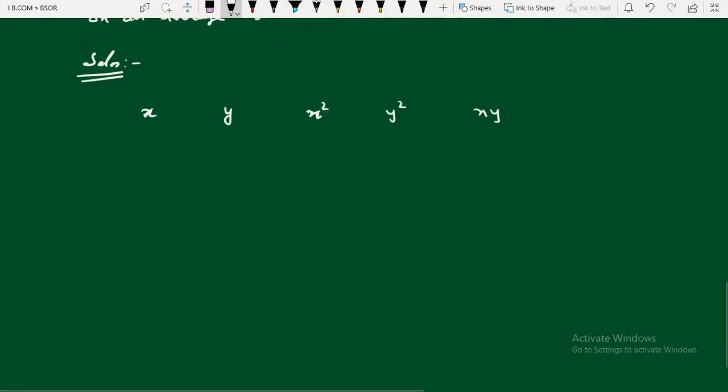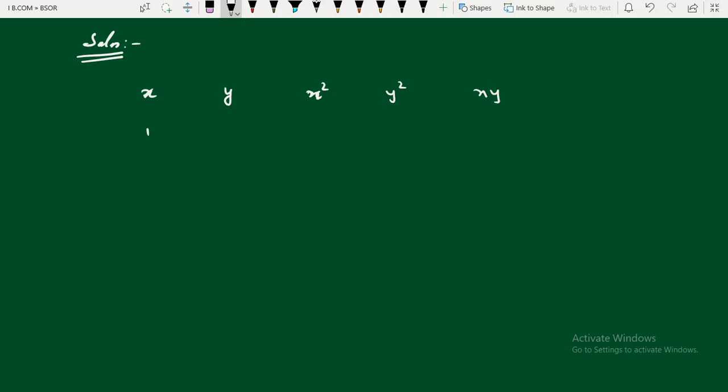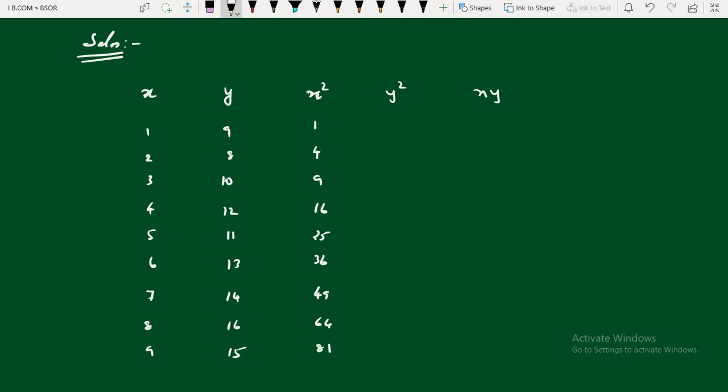What are the x values given here? 1 to 9: 1, 2, 3, 4, 5, 6, 7, 8, 9. Y values: 9, 8, 10, 12, 11, 13, 14, 16, 15. Now square these x values. X square: 1 square is 1, 2 square 4, 3 square 9, 4 square 16, 5 square 25, 6 square 36, 7 square 49, 8 square 64, 9 square 81.